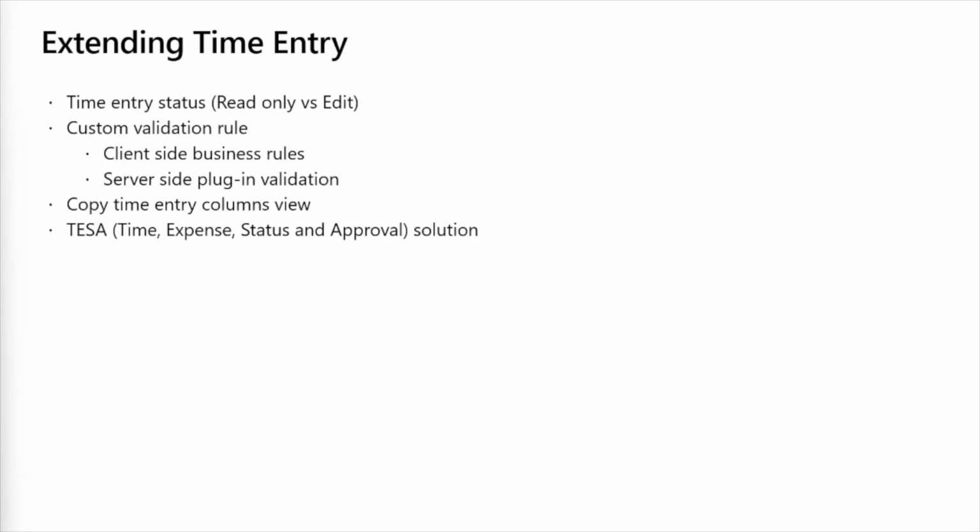You can also leverage the copy timesheet entry columns view if you plan on copying timesheets. And from a solution perspective, if you want to look at what schema elements are available to you, you can just look at the TESA solution, which will provide you different tables and other artifacts.